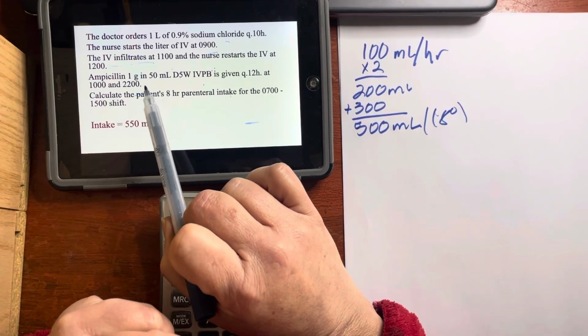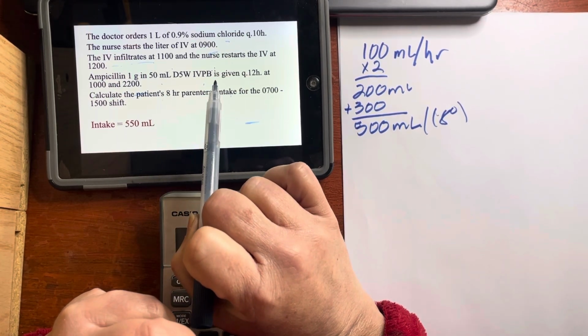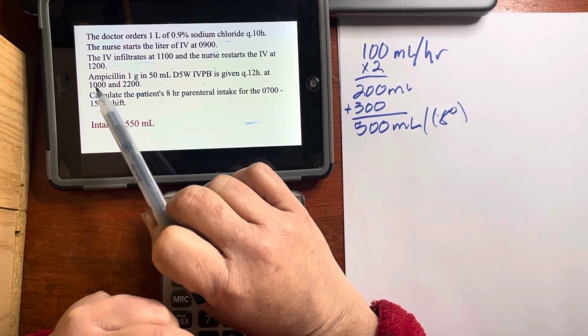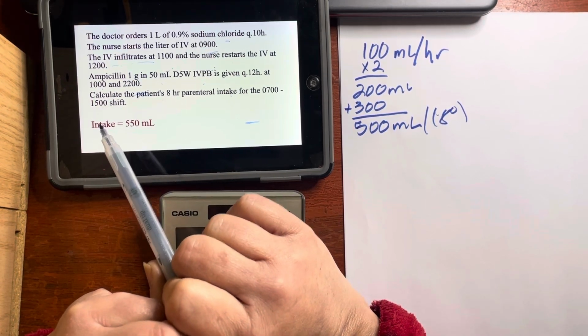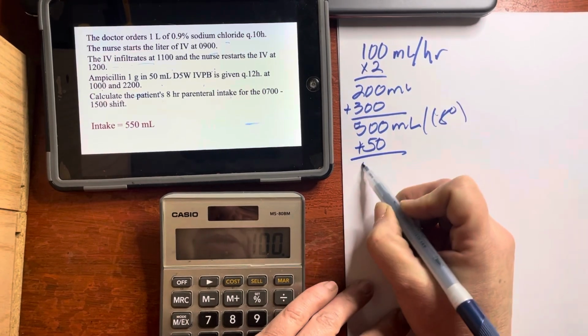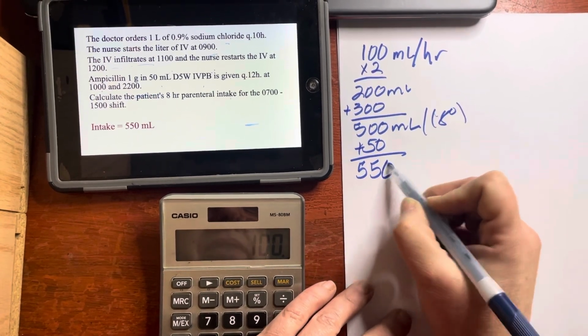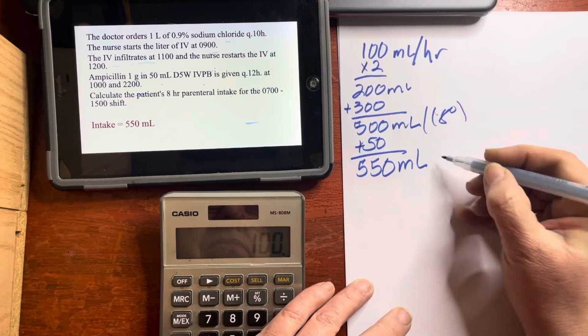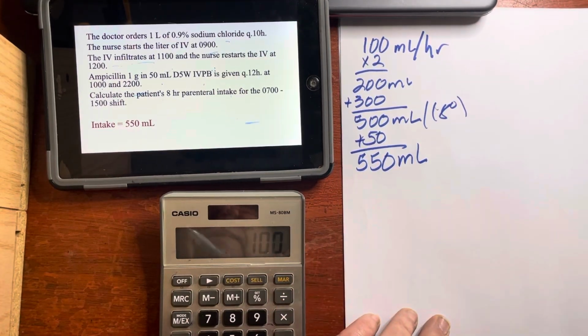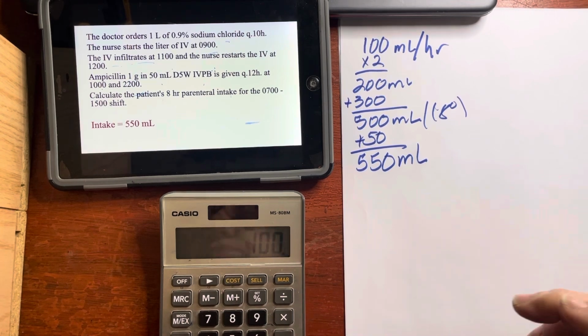And then ampicillin, 1 gram and 50 milliliters is Q12. So from the 7 to 3 shift, he only would have got 1 of those. And so we'll add 150 milliliters, and the total intake parenterally will be 550 milliliters.